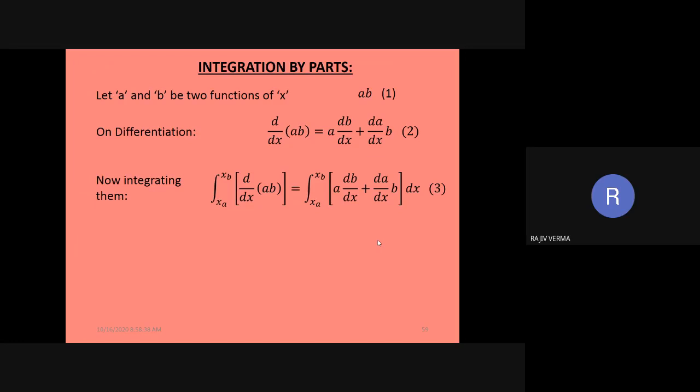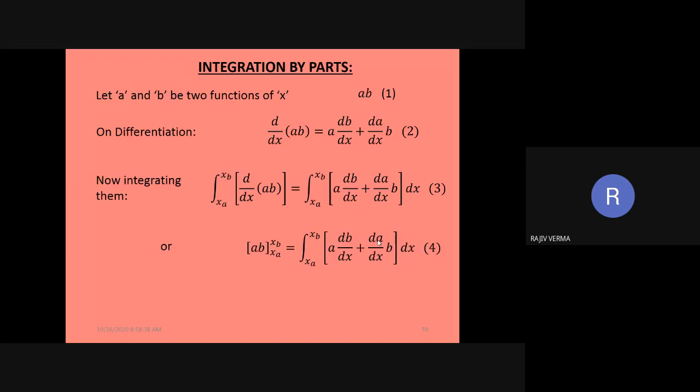That is, the integration has been done over the size of the domain itself. So on the left hand side, because we have a function ab which has been differentiated first and then integrated again, the net result is going to be ab itself.